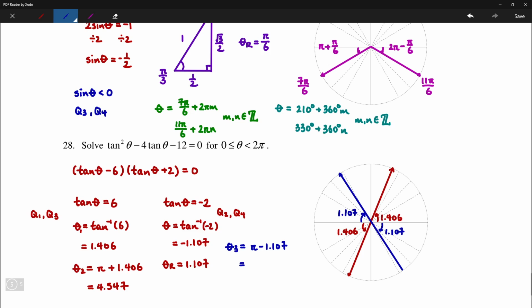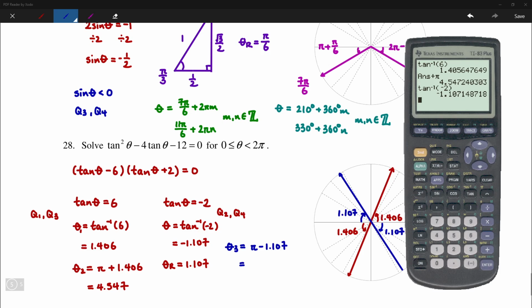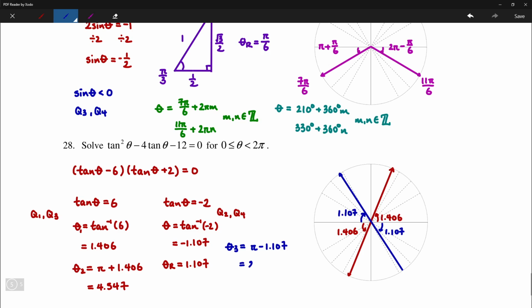See what that gives us. Okay, that gives us 2.034. And then the fourth answer will be 2 pi minus the reference angle of 1.107.